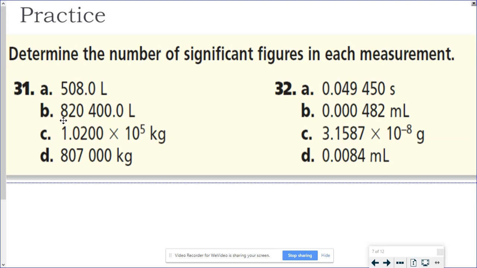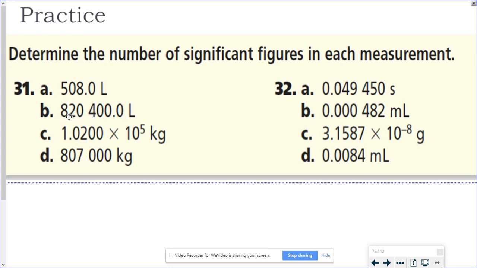Here we have, I'm going to pause for a second, let you think about it. Count how many you think we have. You should have said that we have 7 sig figs here, and I'll tell you why. Non-zero number, that's significant. Non-zero number, also significant. Non-zero, significant.